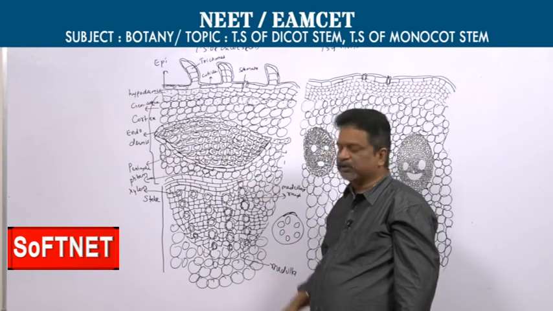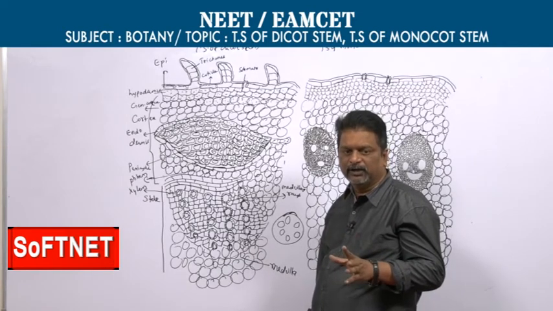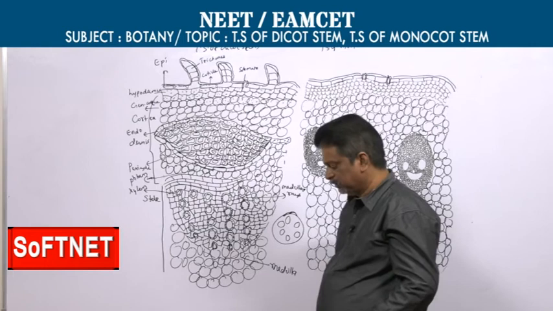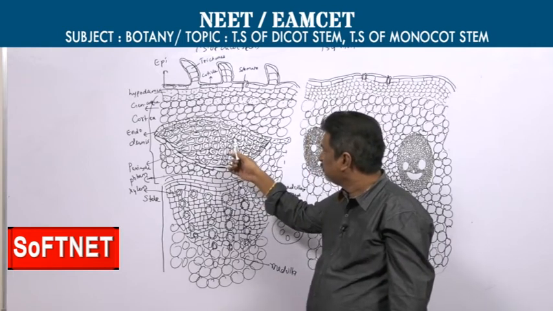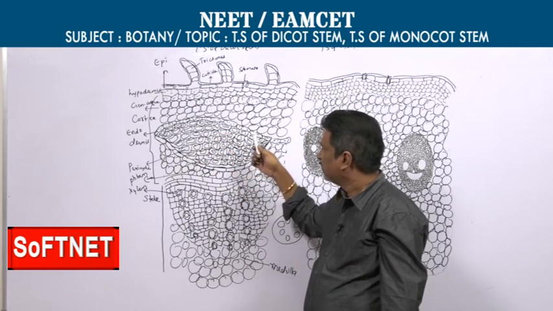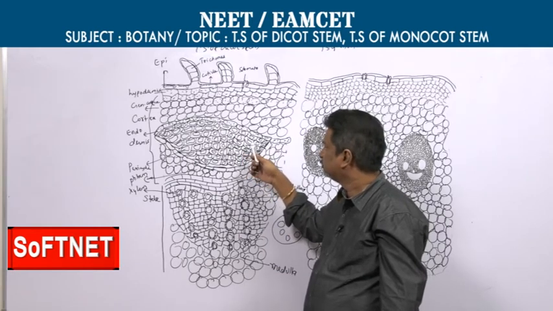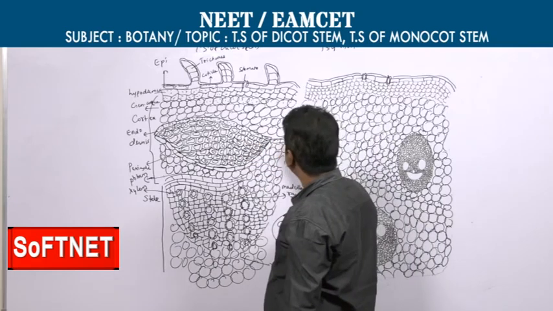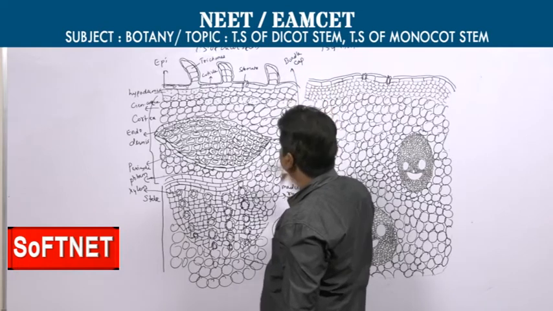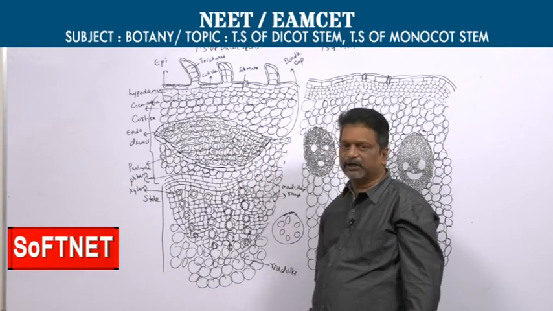In dicot stem, pericycle is generally multi-layered and sclerenchymatous. Here in helianthus, in sunflower, this sclerenchymatous pericycle occurs as patches. It means not uniform, discontinuous. These patches of sclerenchymatous pericycle are called bundle cap. In between bundle caps, there is parenchyma present.